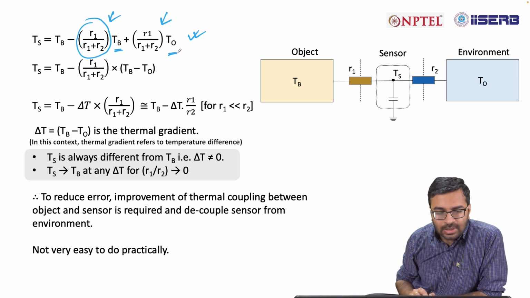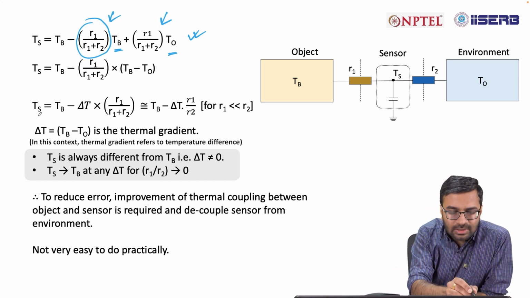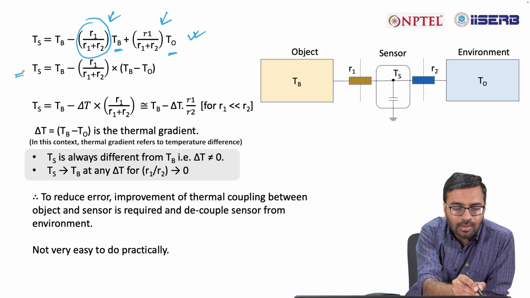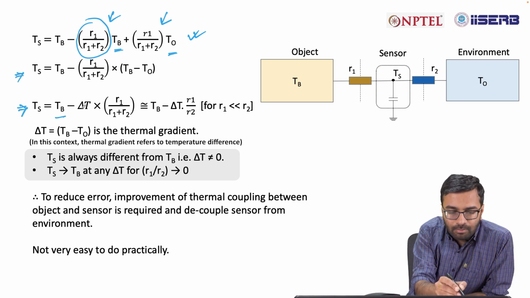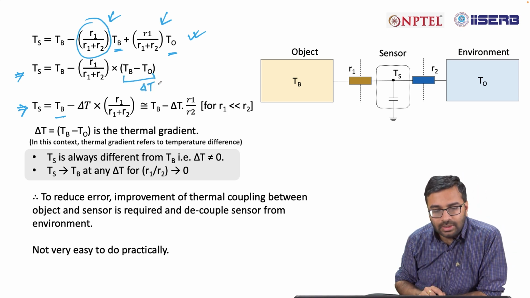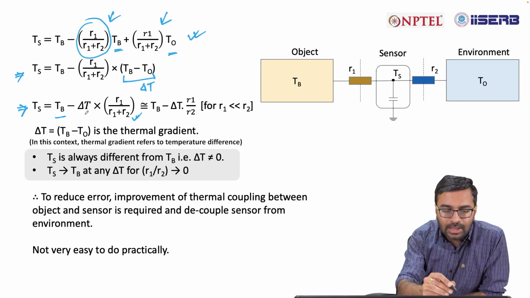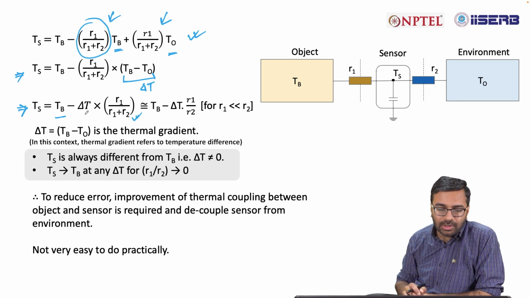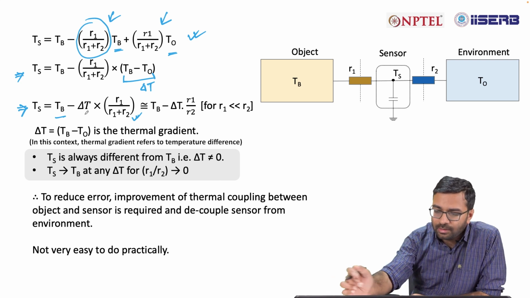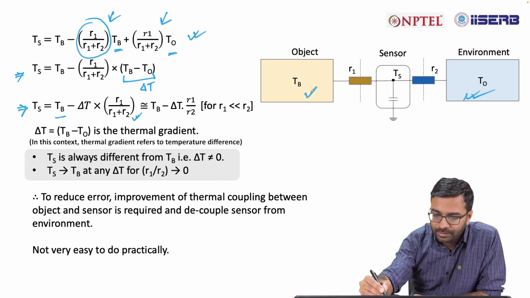Now, in this case your Ts is equal to Tb minus delta T. So, this can be taken as delta T into R1 divided by R1 plus R2. Delta T is the temperature gradient between the environment and the object.